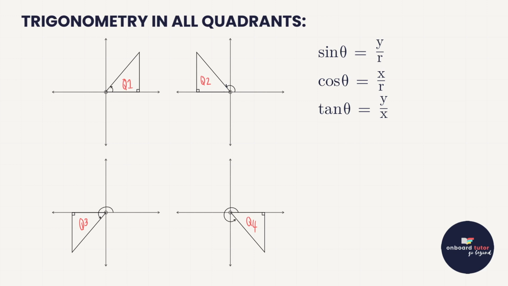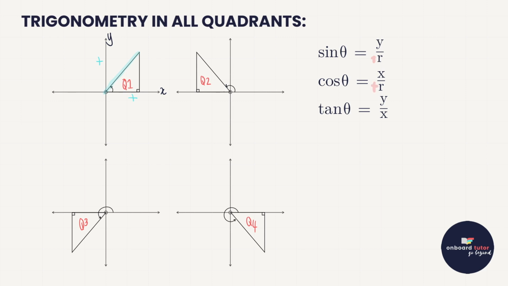Okay, this is important because what people have done over time is they had a look at the x and the y axes. And what we know by now is that in the first quadrant, all x values are positive and all y values are positive. And so what they did was they said, okay, well then if we take a positive y divided by r, r counts as the radius of a circle, and so that's a length, which means it's always going to be positive.